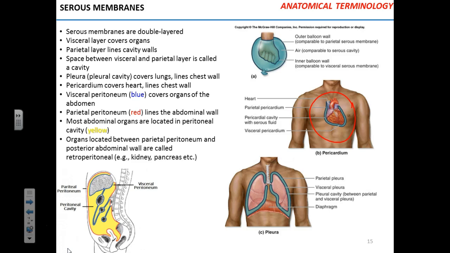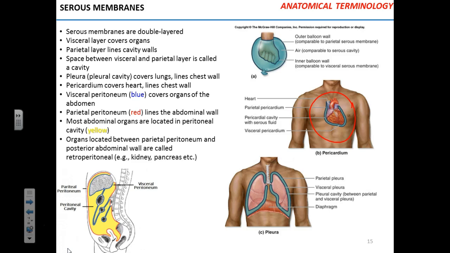In the pericardium. So if you think about it, if you have an organ in the cavity, every time you move, this organ will rub against even the walls of the cavity. So that serous membrane, the pericardium, lines both the organ and the walls of the cavity. Does that make sense?